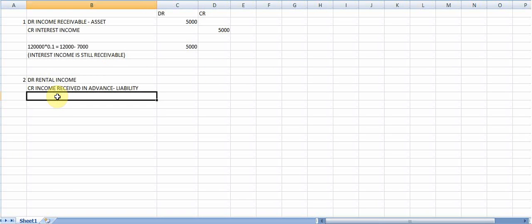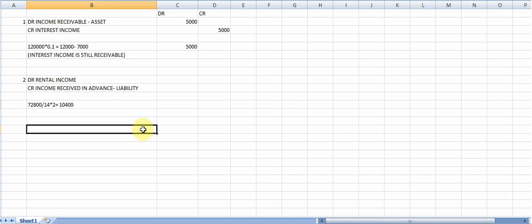Someone still owes you interest, so that must be an asset. Right, for the income received in advance, I will go to my trial balance and I see that the rental income is 72,800. I'm going to divide by 14 because it was received for 14 months. And then I'm going to times by 2 months because it's 2 months in advance. So if I do that calculation, I get a total of 10,400 Rand rental income.